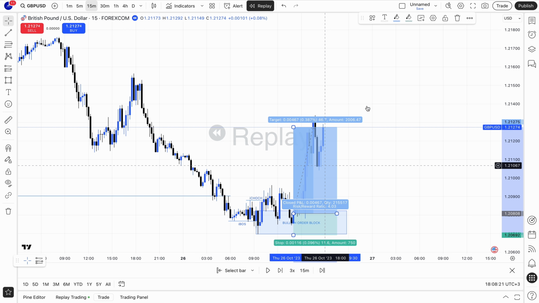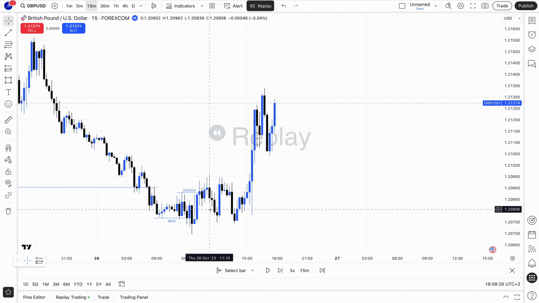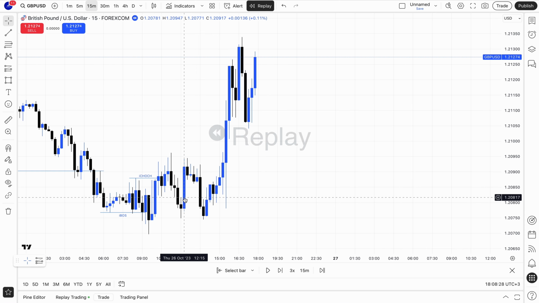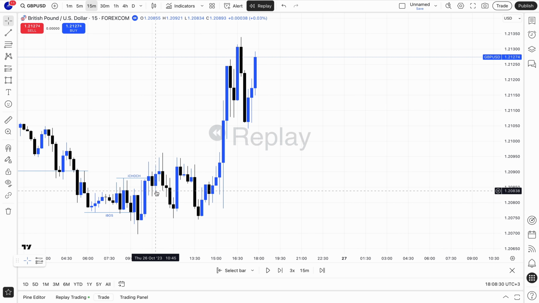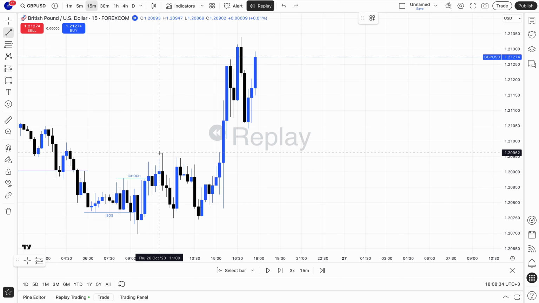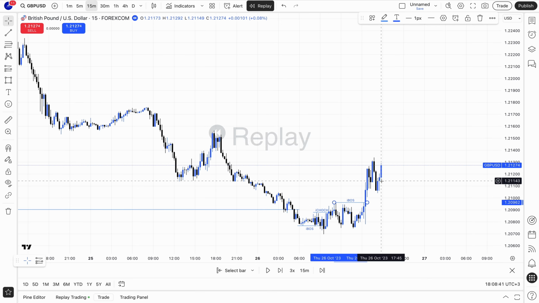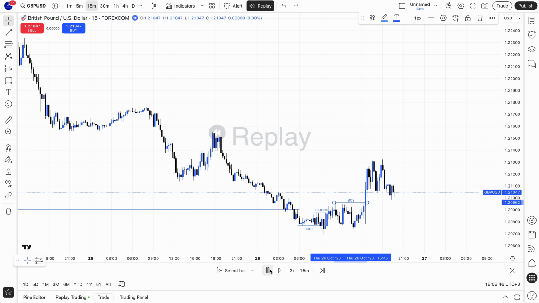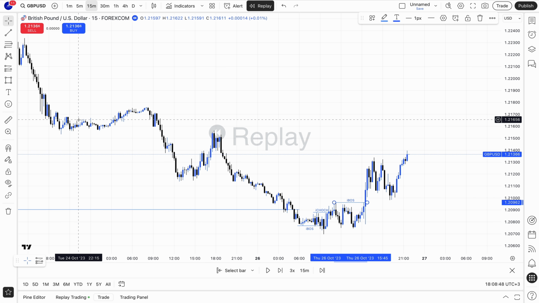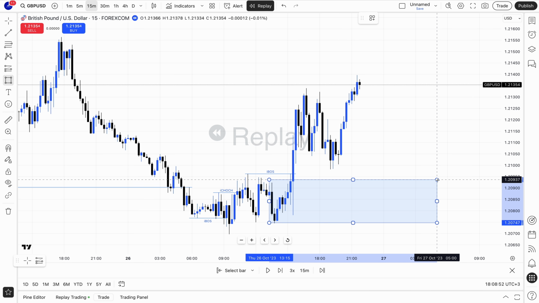Then after getting that clean confirmation with that clean trade, then we had this pullback to the downside. You can clearly see, and then break of structure to the upside. Then London closes. We had our other block here.